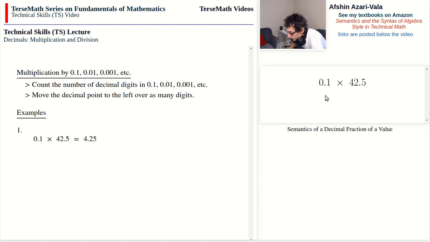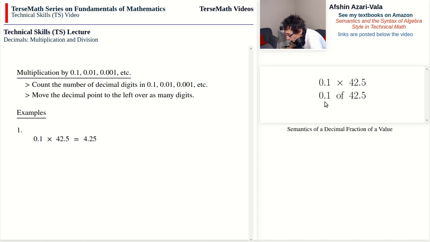We'll find out later on that multiplication, when it comes after either a fraction or a decimal or a percent, can be read as "of", and therefore we can read this as 1/10 of 42.5.